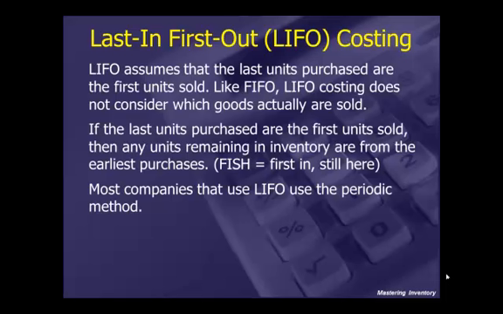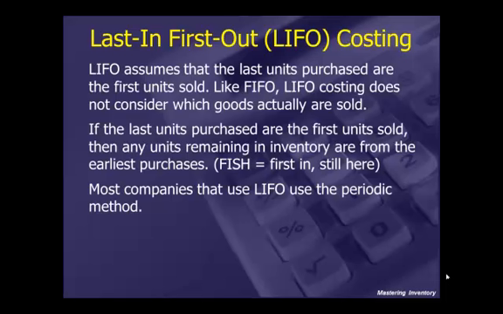All right, let's look at LIFO, last in, first out. LIFO assumes that the last units purchased are the first units sold. So it has the reverse cost flow of FIFO. Like FIFO, LIFO costing does not consider which goods actually are sold, because we're again in the accounting department, in the office, doing the costing, the dollar amount, moving the units, without regard for how the goods are actually being sold on the showroom floor.